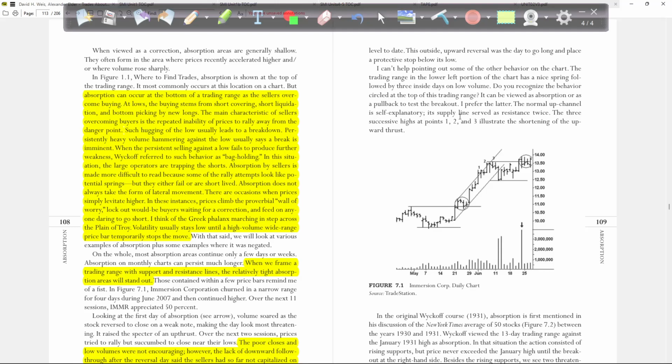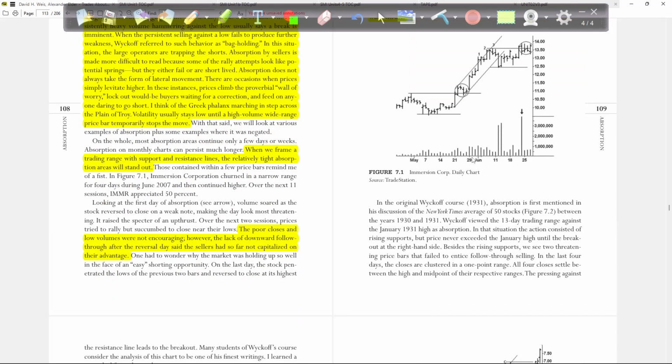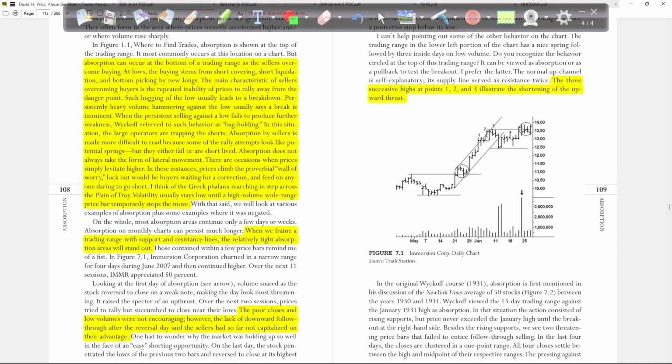Its supply line served as resistance twice. The three successive highs at points 1, 2, 3 illustrate the shortening of the upward thrust. So we see the bar size weakening, with small bar size.